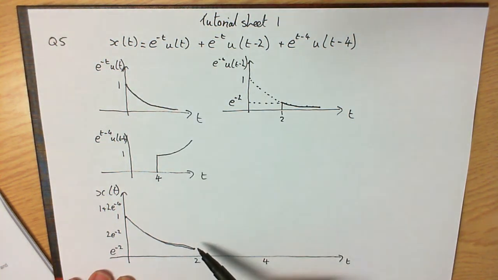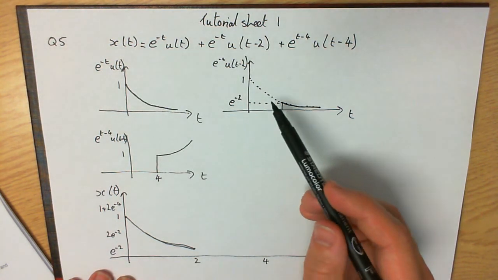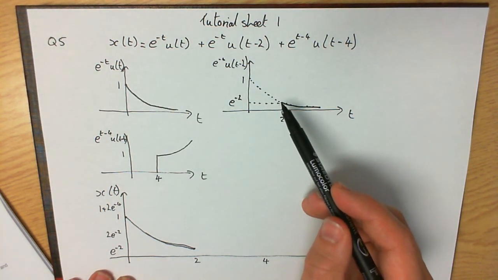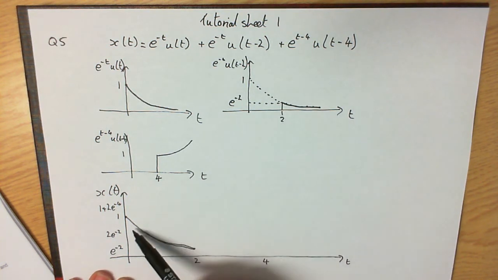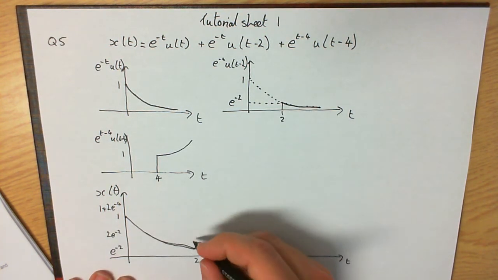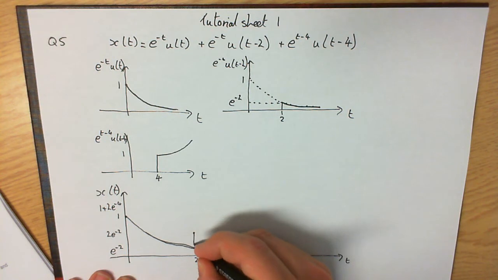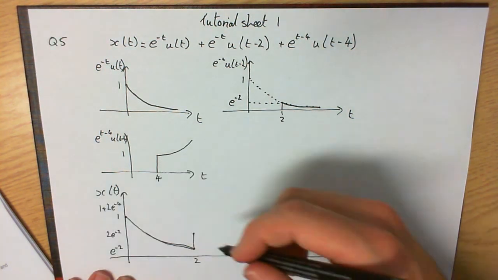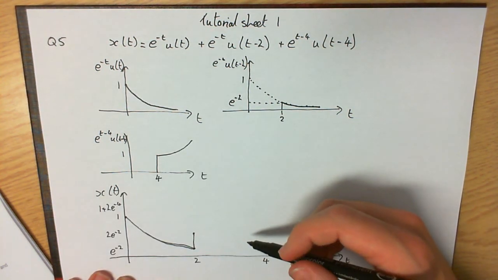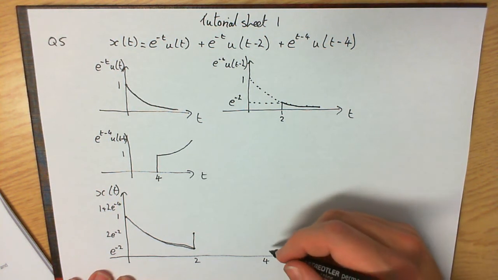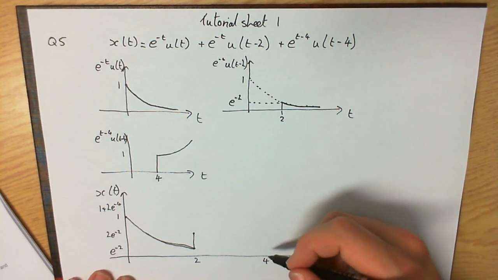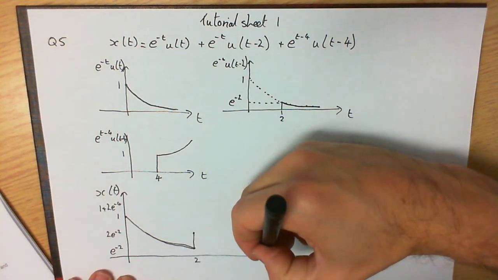And at this point we've got e to the minus 2 from the first function plus e to the minus 2 from this second function. So that's why we have 2 e to the minus 2. And then that is again exponentially decaying, down to a point where t is equal to 4.